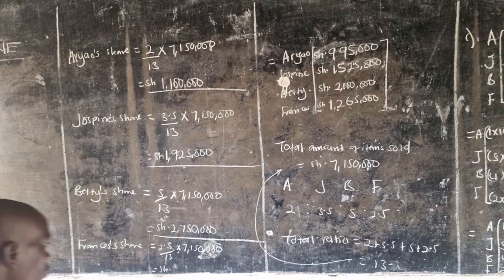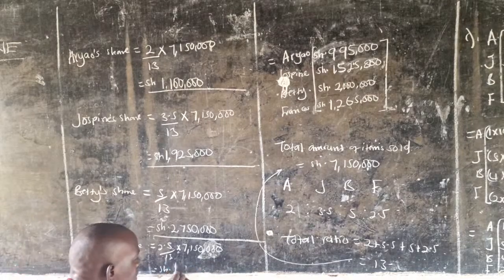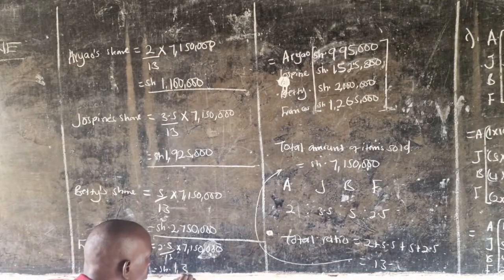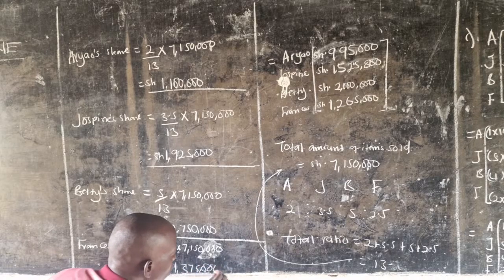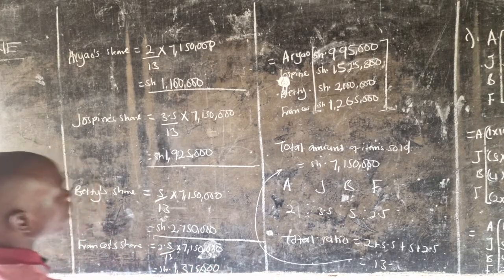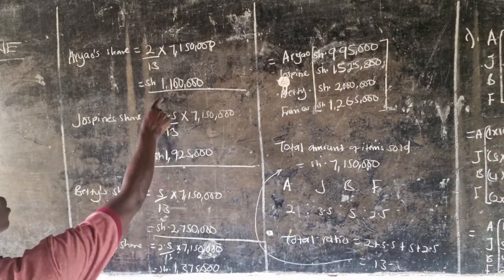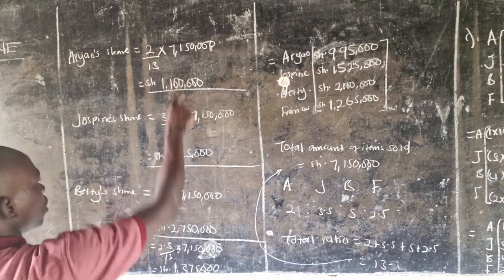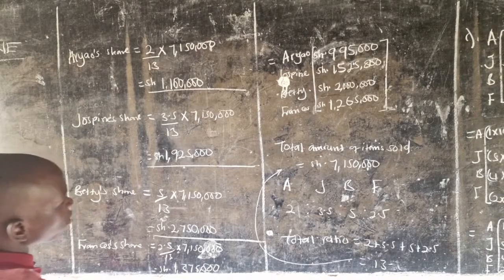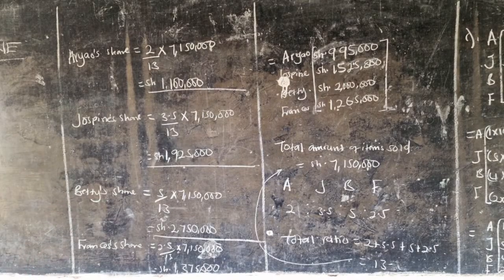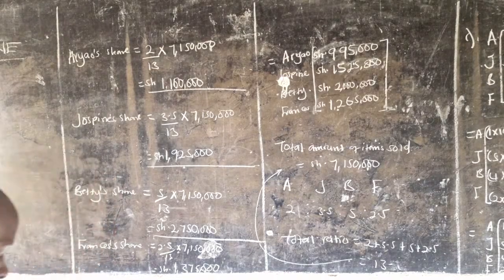This will give us 1,375,000, like that. So you see that when you add all these amounts, you end up getting the total amount of 7.15 million as required.